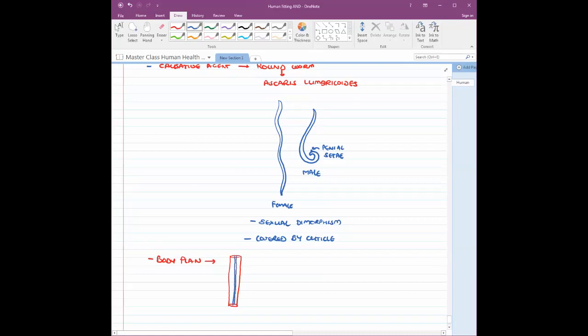At one end it is going to be the mouth, and at the other end the anus. This is nothing but the body plan, called tube within a tube body, where the mouth and the anus are completely different.